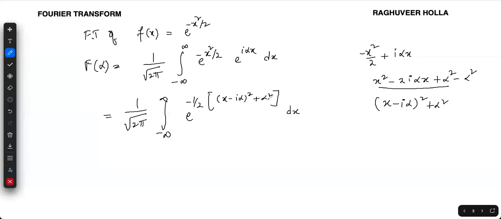Now I can take the constant terms outside. So this results to e to the power of minus alpha square by 2 divided by square root of 2 pi, integral from minus infinity to infinity of e to the power of minus half into x minus i alpha whole square dx.